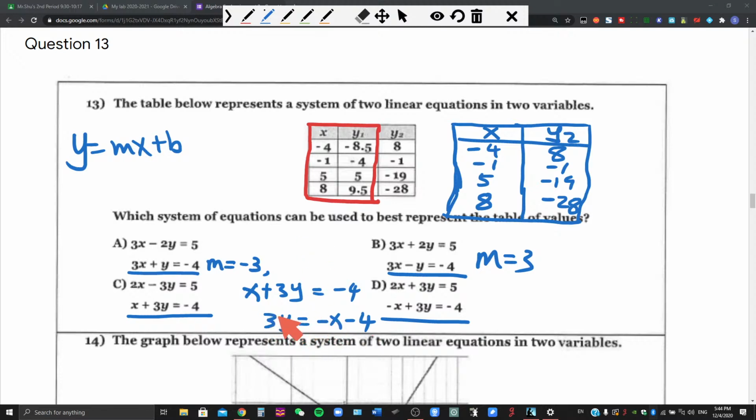So when you divide by 3, this will be just 1y. And this will be negative x divided by 3. It's going to be negative 1/3 x. And negative 4 divided by 3. And you can tell the slope is negative 1/3. So C is saying the slope is negative 1/3.